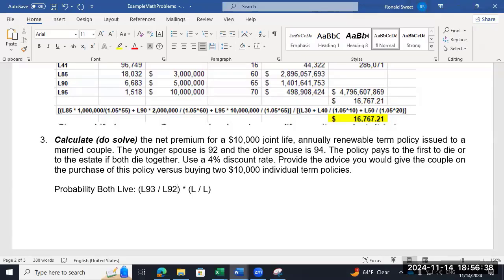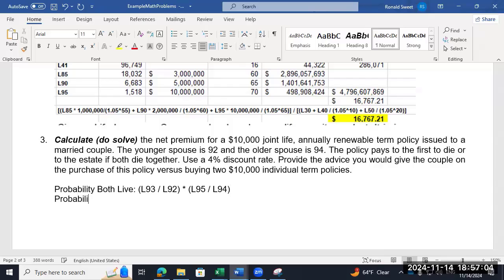L93 over L92 is the probability the 92-year-old will live 1 more year. The second spouse is 94. So what do I put here? L95 over L94. All right. So you start with that. That's going to be the probability they both live.